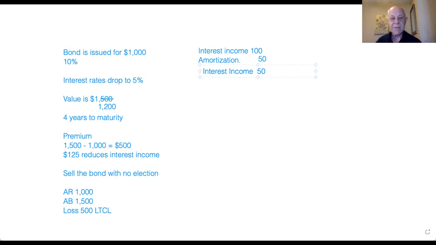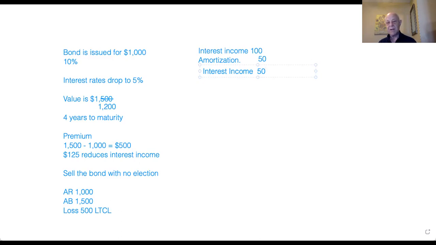The amortization is 50 because I bought it for 1,200, there are 4 years to go. So my interest income is $50. And that's the way it would work. And if I didn't do that, I would have had interest income of $100. And then I wouldn't have a deduction until I sold the bond.